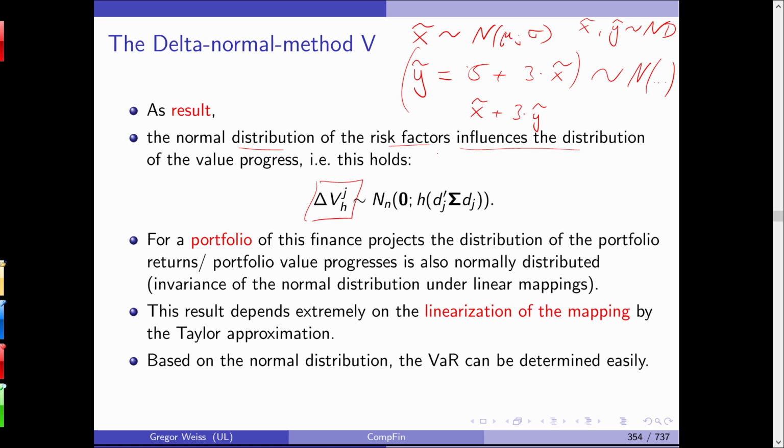And it's the same here, just in the multivariate case: if you are assuming a multivariate normal distribution for the risk factors, and you are inserting those risk factors into a linear function, the resulting function, which in this case are the changes in the prices, the losses, is again multivariate normally distributed.